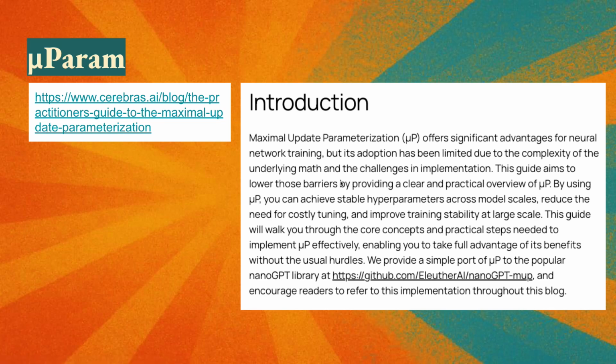They say its adoption is limited because of its complexity and the challenges in implementation, and so they're trying to lower that barrier. They show that by using mu param, you can achieve stable hyperparameters across model scales, reduce the need for costly tuning, and improve training stability at large scale. So definitely something relevant, but I did not feel comfortable presenting on it because I need to spend more time understanding it.